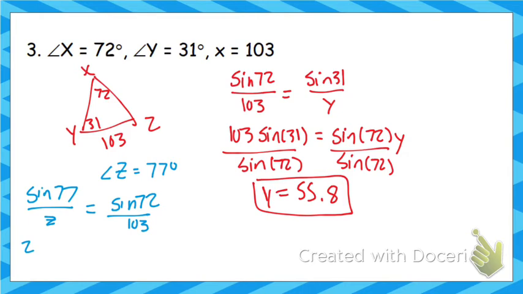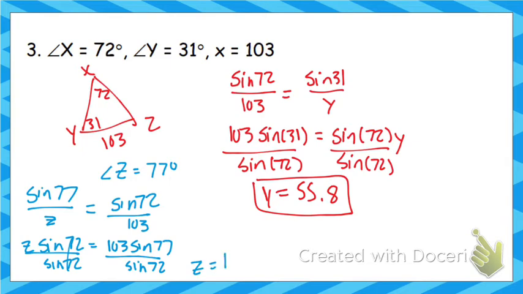So Z times sine 72 equals 103 times the sine of 77. So 103 sine 77 divided by sine 72 tells me that side Z is 105.5.